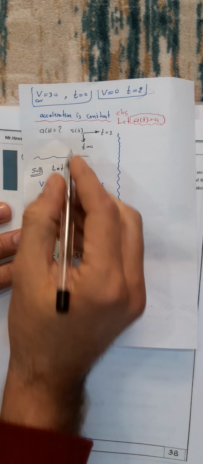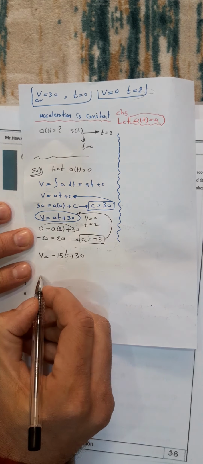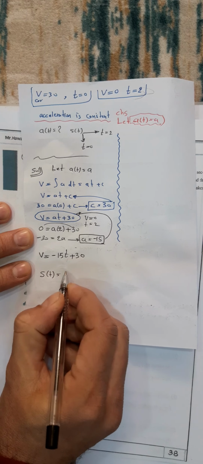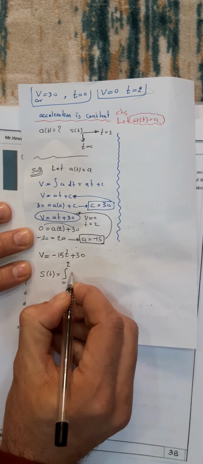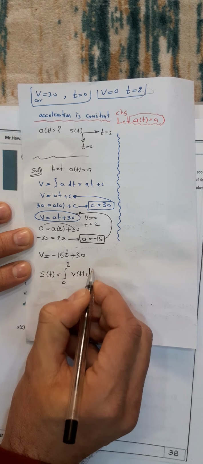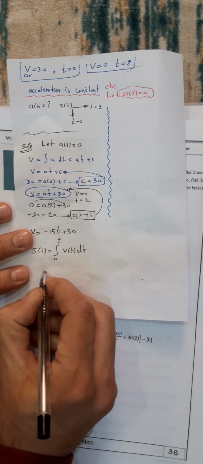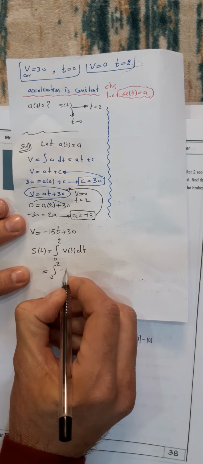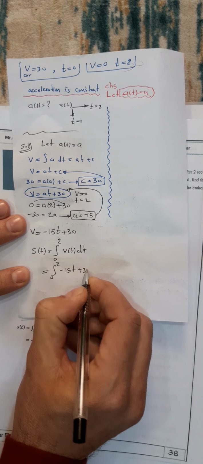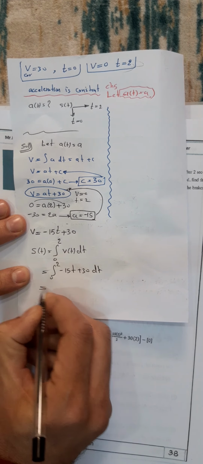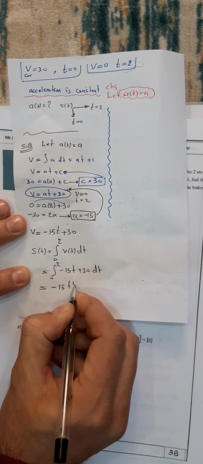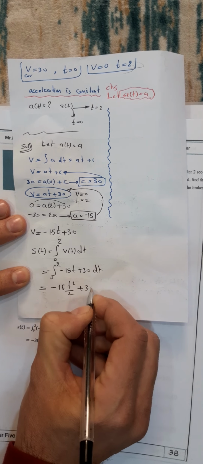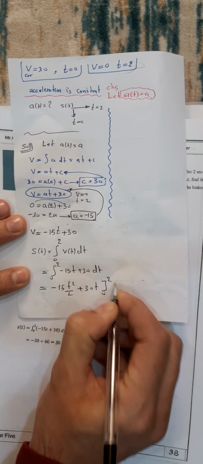Now for finding the distance between the two times, it is the definite integral from 0 to 2 of v dt, that is from 0 to 2 of negative 15t plus 30 dt, which is equal to negative 15t squared over 2 plus 30t from 0 to 2.